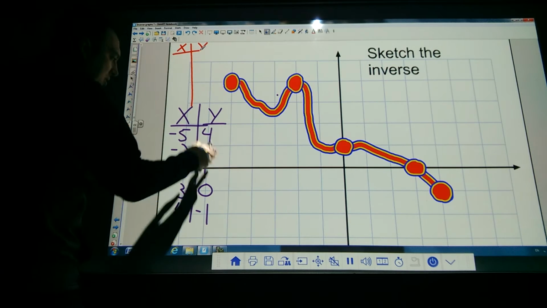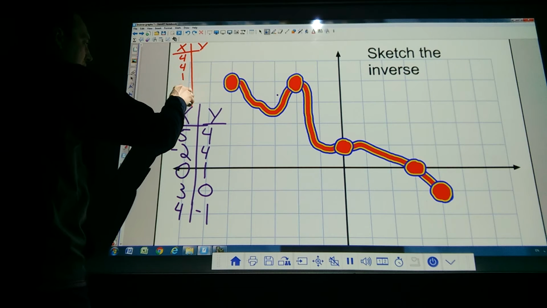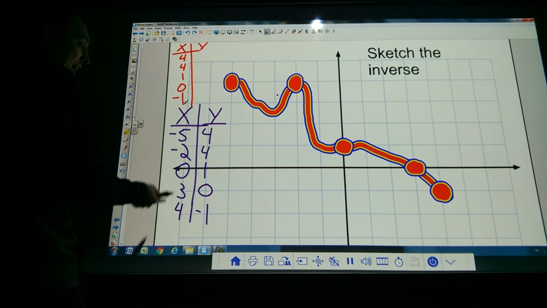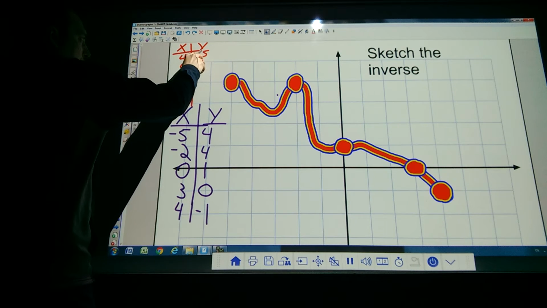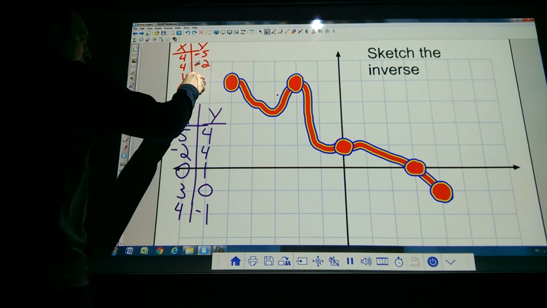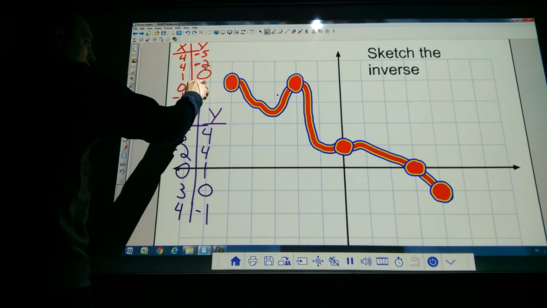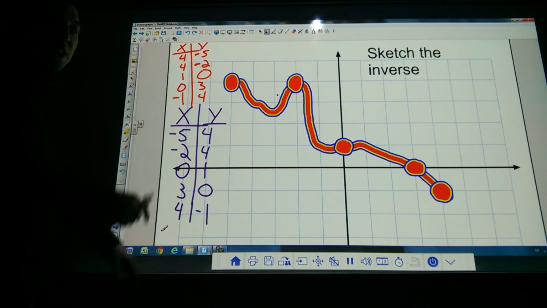So x is going to be these numbers, 4, 4, 1, 0, -1. And y is going to be these numbers, making sure you line them up. -4, you go in order here. -2, 0, 3, 4. So you make a table, then you switch x and y.